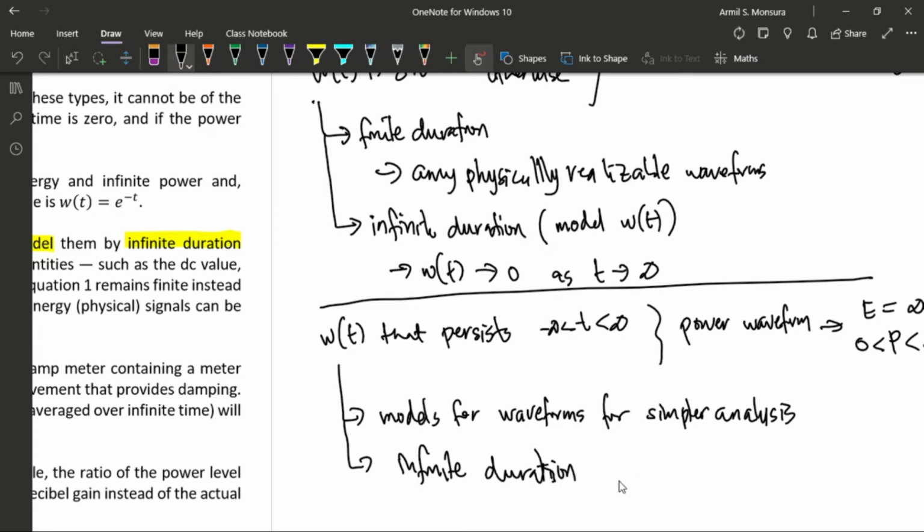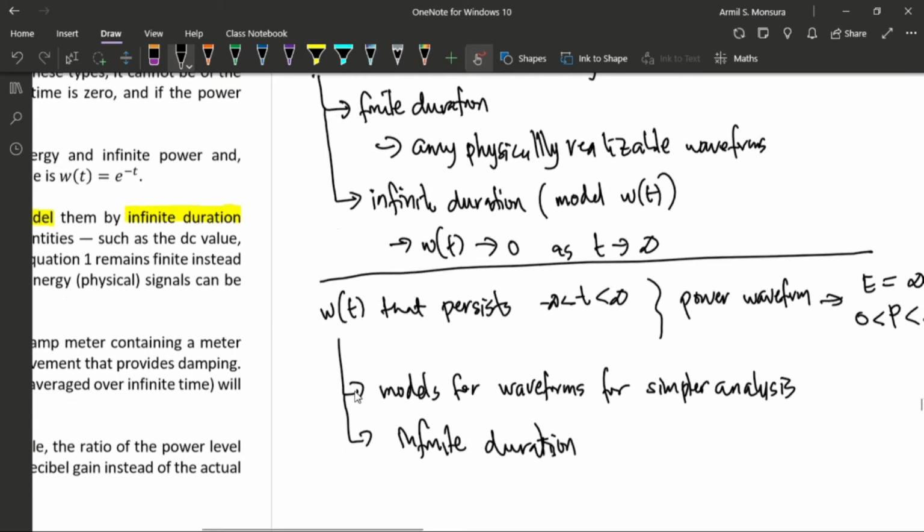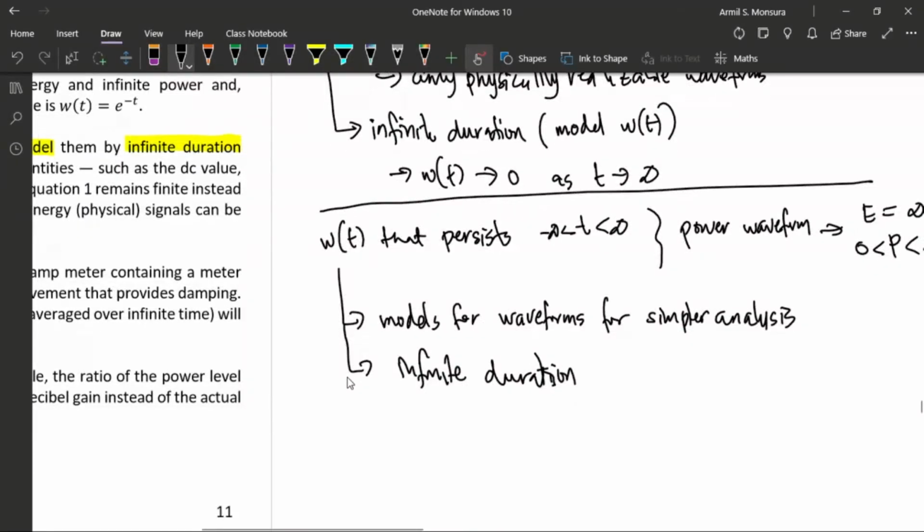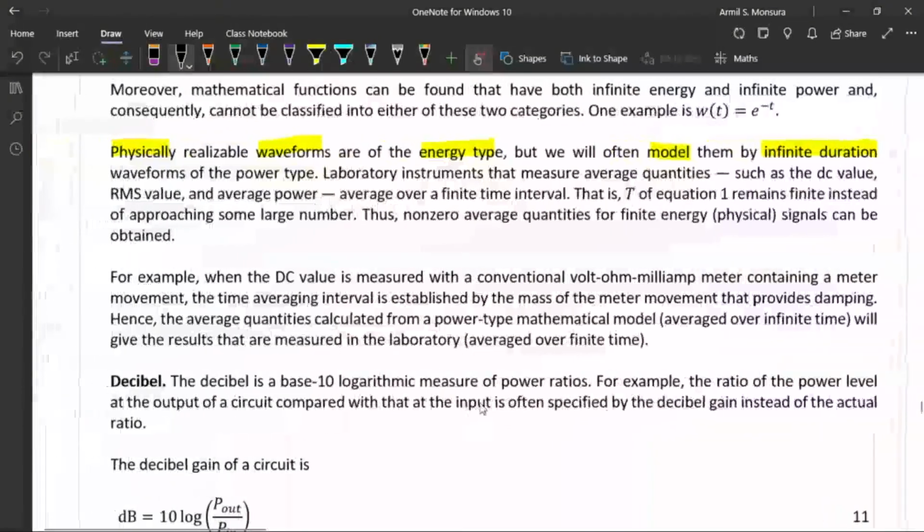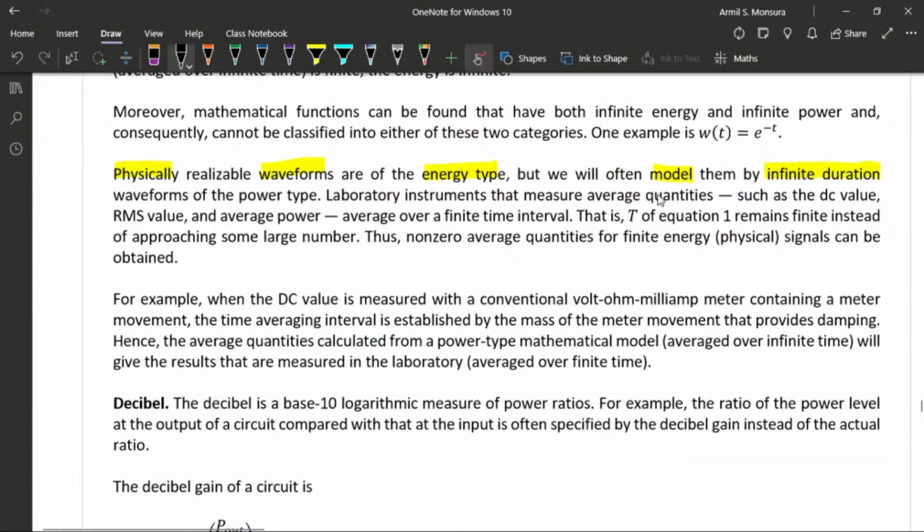An example of a waveform that falls under here are periodic waveforms, since the models that we use in the analysis are more or less infinite duration and are therefore of power type.